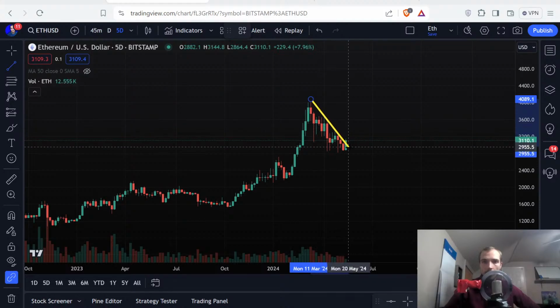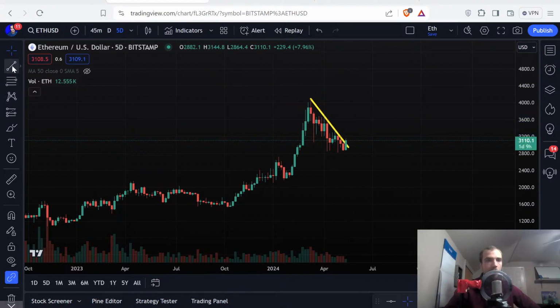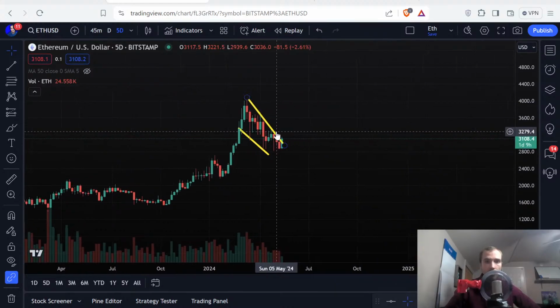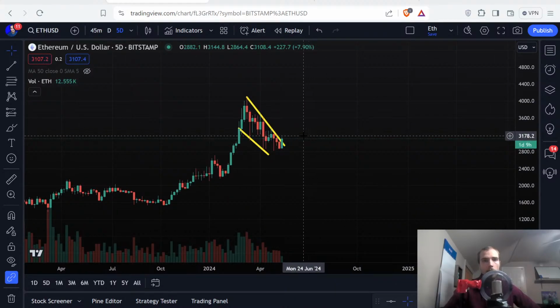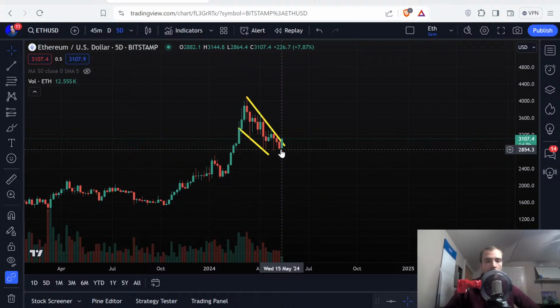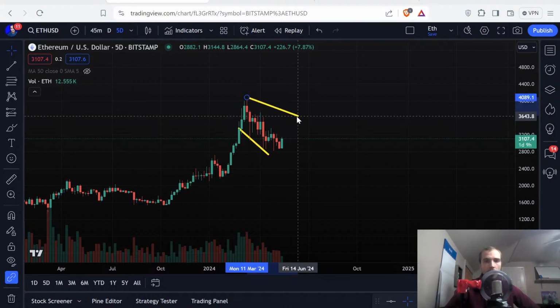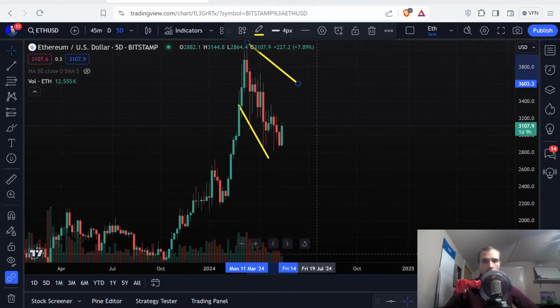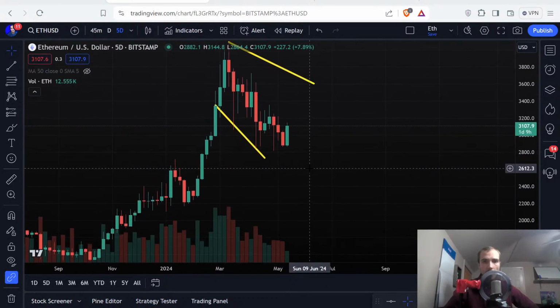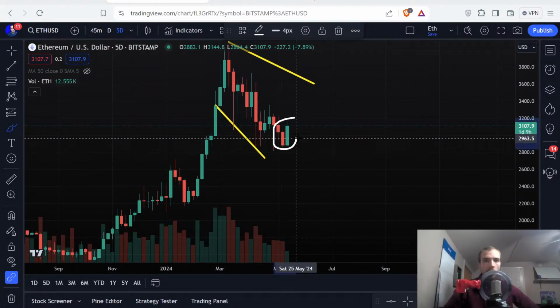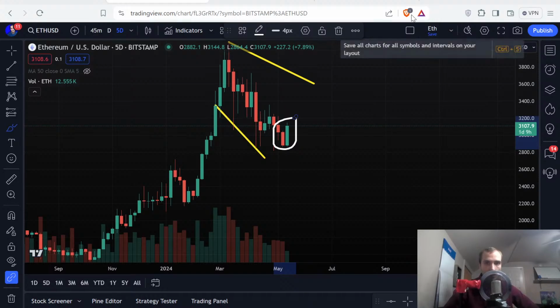This is a perfect, textbook bullish flag pattern here on Ethereum, and we're starting to break bullish out of this pattern. Now, this is the 5-day candlesticks, and if we zoom in to this candlestick right here, you guys can see we do have a bullish engulfing candlestick.